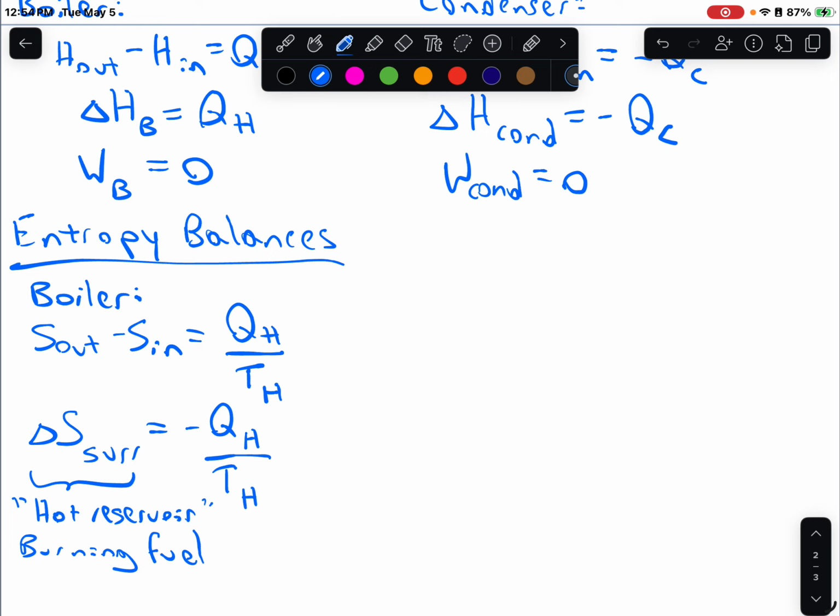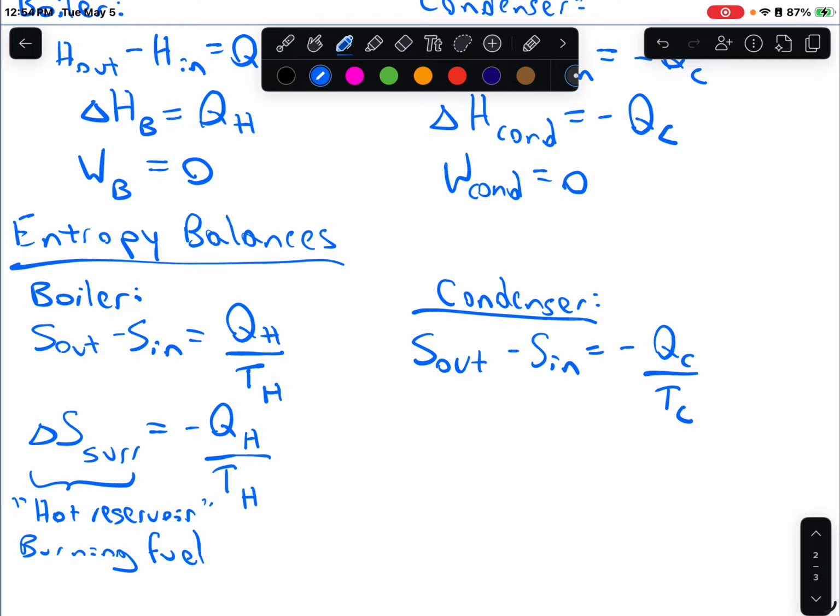Now the condenser looks very similar, except it's removing heat, which means that the entropy of the system, the working fluid, is going to go down. So this is the system, and so is this. The system is the working fluid, the water.